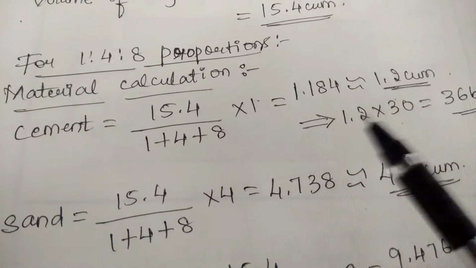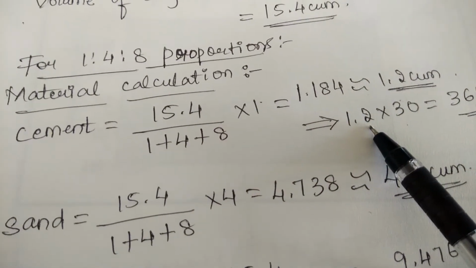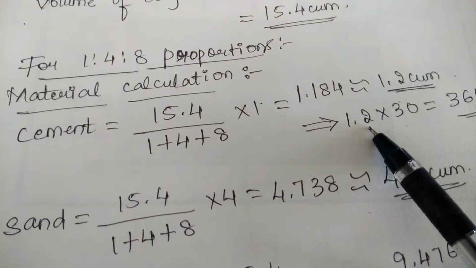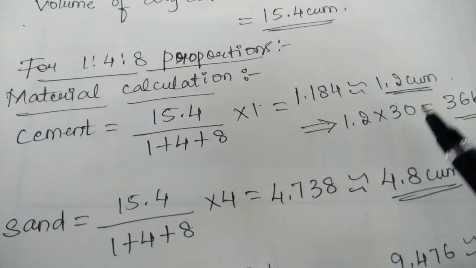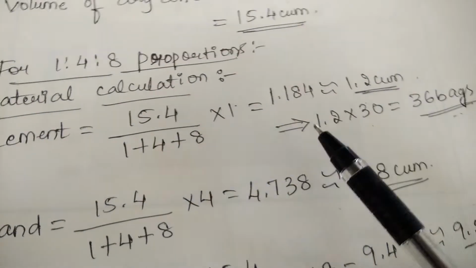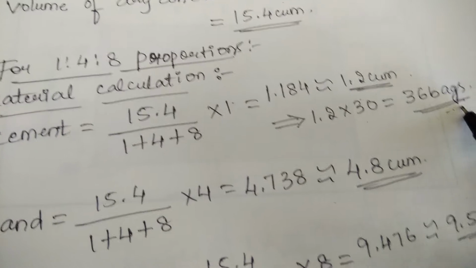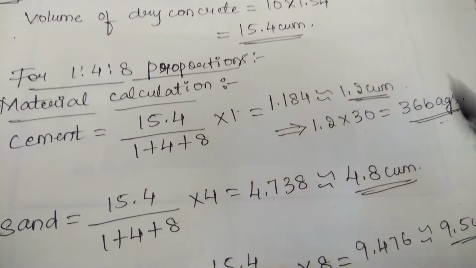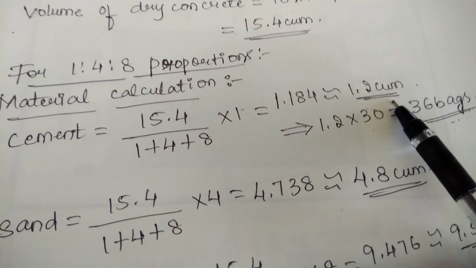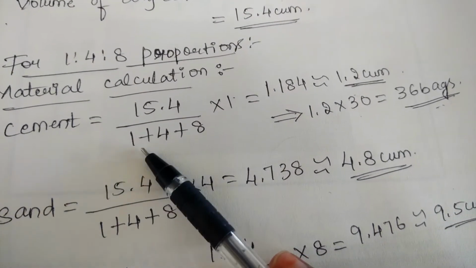Similarly, for 1.2 meter cube, you multiply 1.2 volume with 30 bags. On multiplying 1.2 with 30, you get 36 bags. So in total we require 36 bags of cement for 1.2 meter cube of volume. That gives you the quantity of the first material, cement.